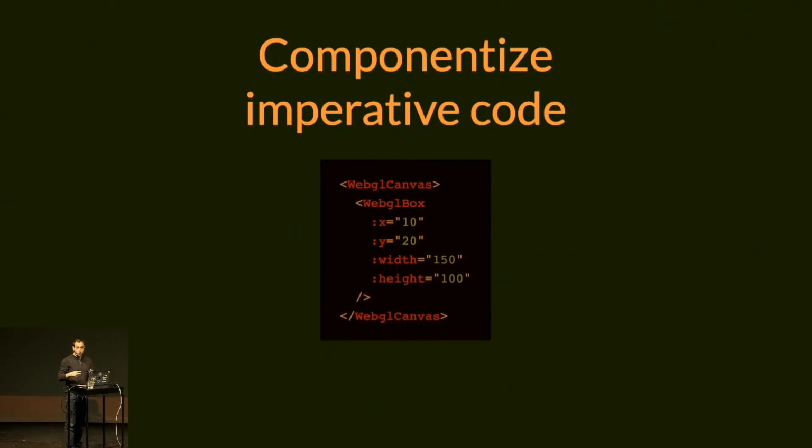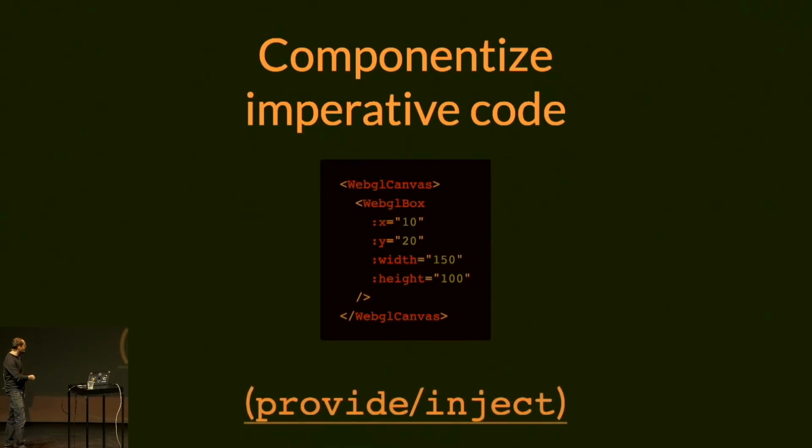So if you do want to write some raw WebGL, but you don't want everyone on your team to also have to write raw WebGL or even to know about Canvas and things like that, you can write components like a WebGL Canvas component and a WebGL box component that hide that functionality so that your teammates can build really incredible things using these technologies without having to be WebGL or Canvas or SVG experts themselves.